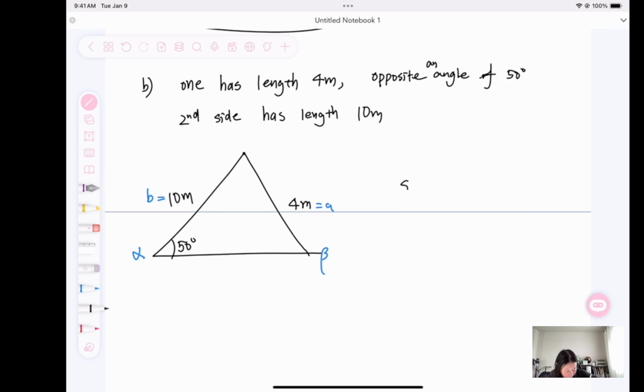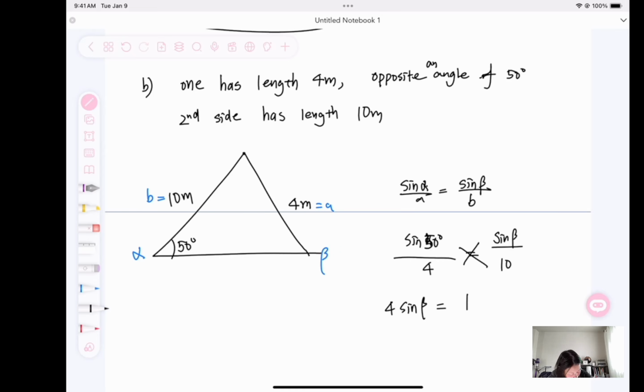So we have sine alpha over A equals sine beta over B. So sine 15 degrees over 4 equals sine beta over 10. Cross multiply, we have 4 times sine beta equals 10 times sine 15 degrees, and then divided by 4 on both sides, we have sine beta equals that.